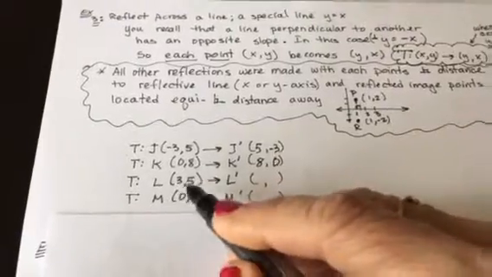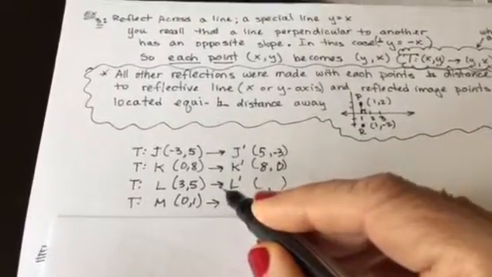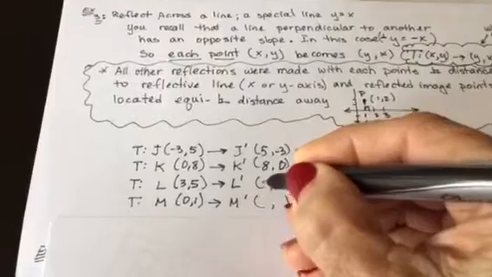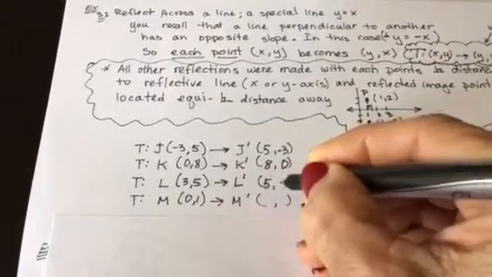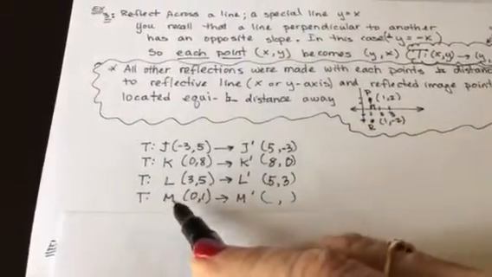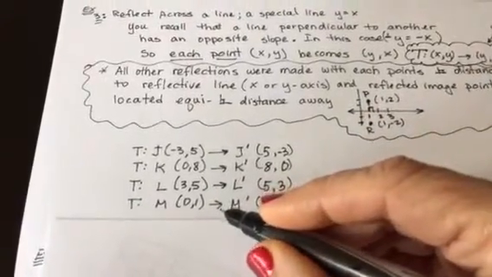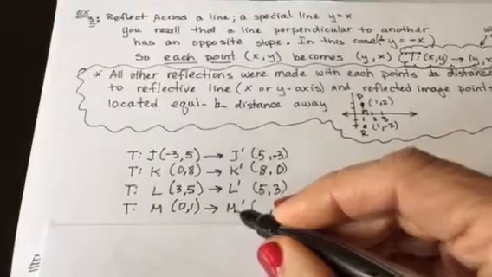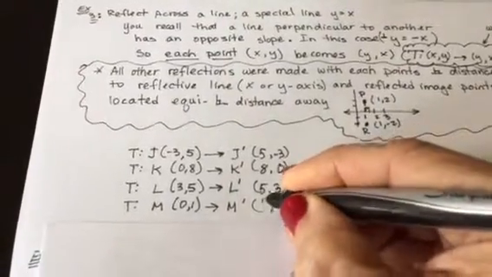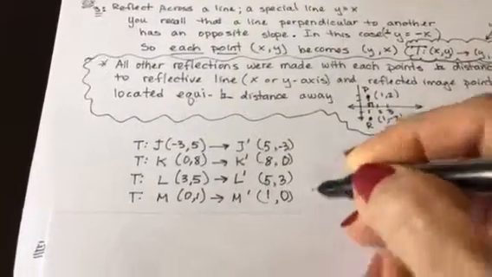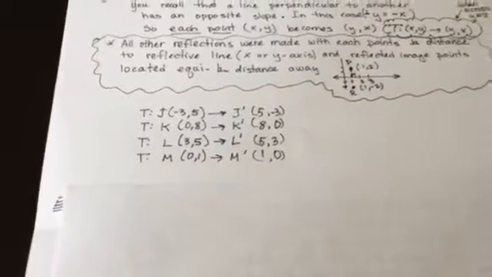Transformation of point L, (3, 5), across the line y equals x gives L prime of (5, 3). And the transformation of M, which is at (0, 1), across the y equals x line is M prime, which is (1, 0). Go ahead and map those out on your graph paper.